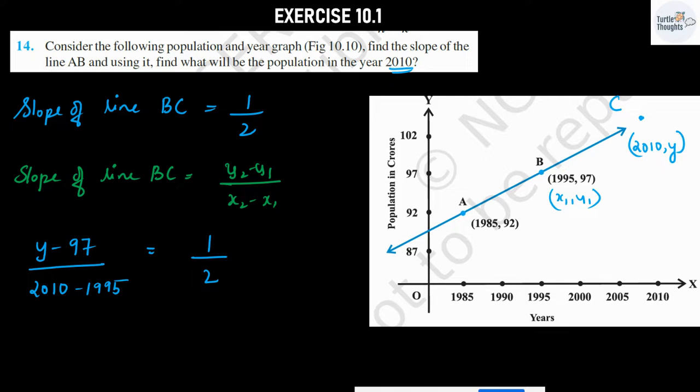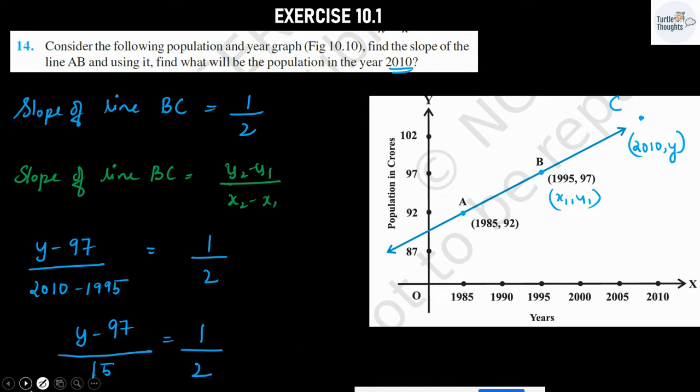Yes, correct. Okay, now 2010 minus 1995, what will be the answer? So I can write this as y minus 97 divided by 15 will be equal to 1 divided by 2.